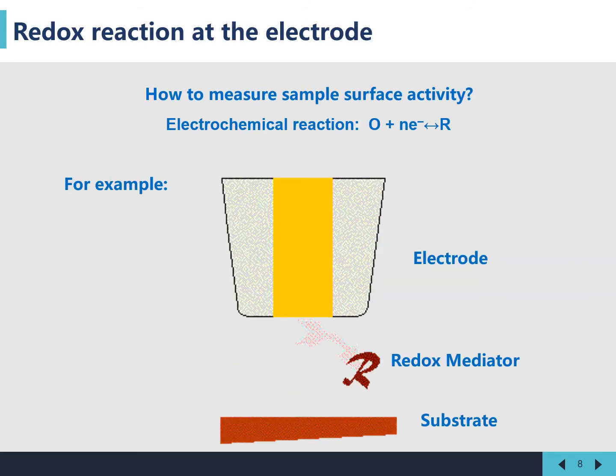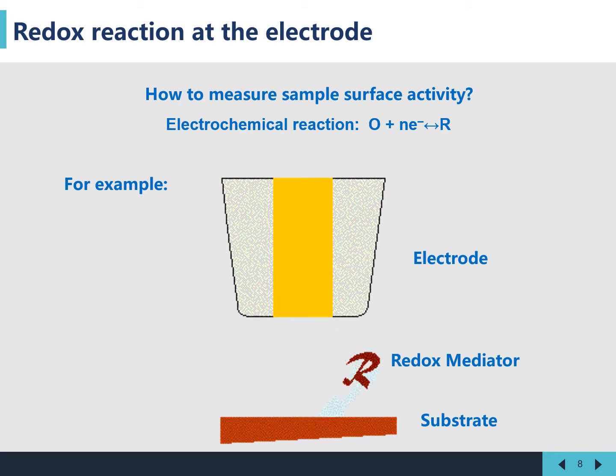So how does SECM measure the sample surface activity? For example, you have an active substrate which can oxidize the redox mediator into oxidized form. You can put one electrode near the sample substrate surface.